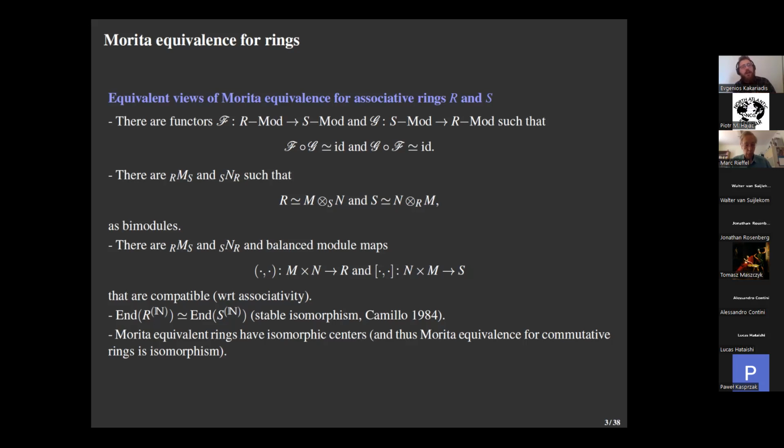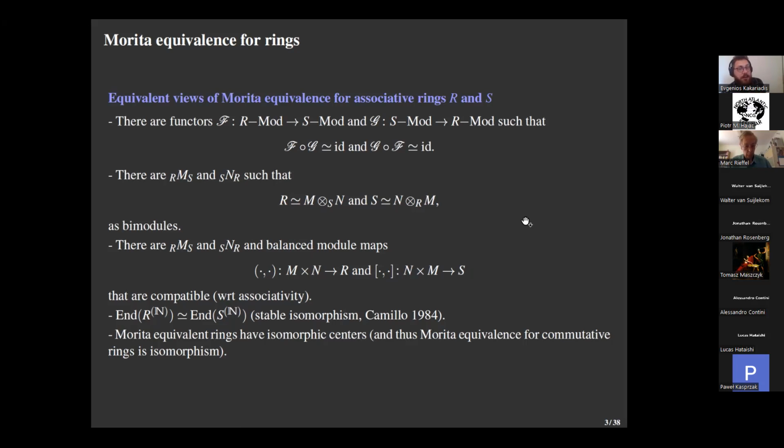That's one way of seeing it. Another way of seeing it is through composition. You say that R and S are Morita equivalent if you can decompose R as a balanced product of nSn and nRm. And this isomorphism is as you see R as a bimodule of itself.